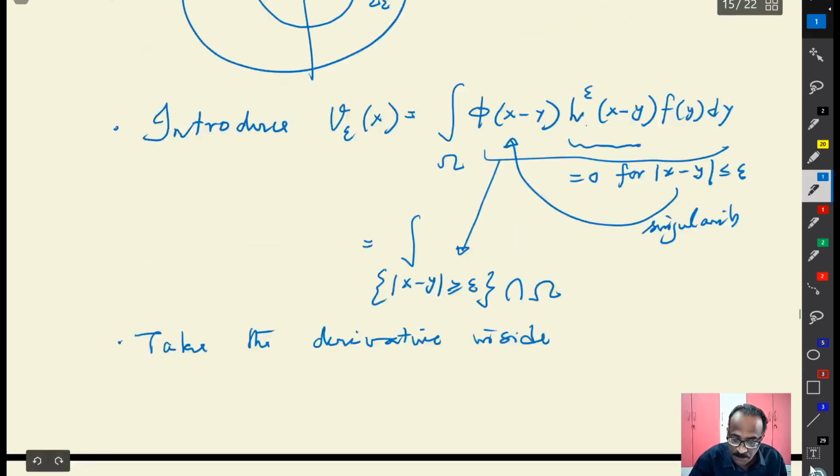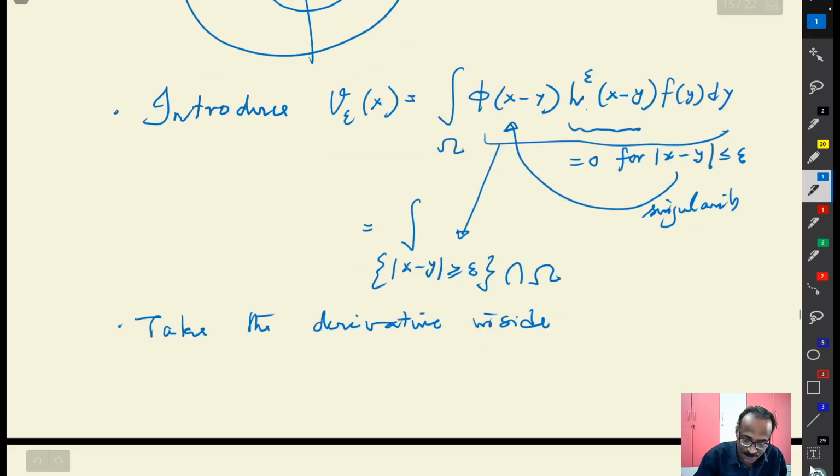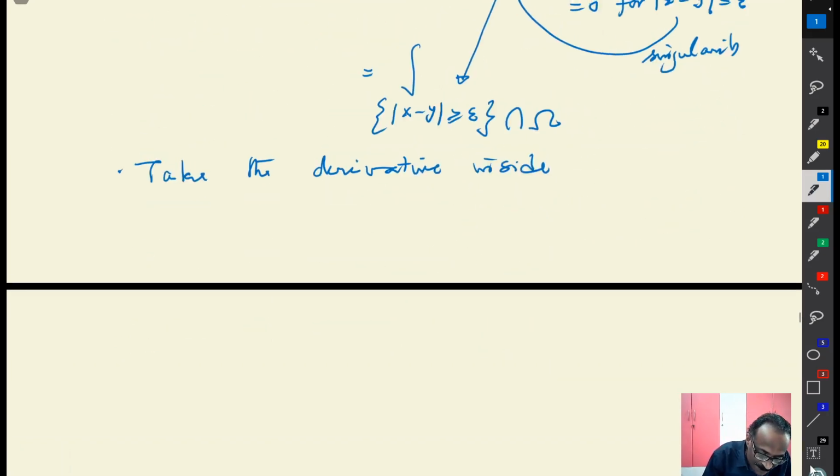This is a convolution form, so it's enough to take the derivative here. Whenever you have a convolution form and you are taking the derivative, you take it with respect to that, which will imply your dV epsilon by dxi.